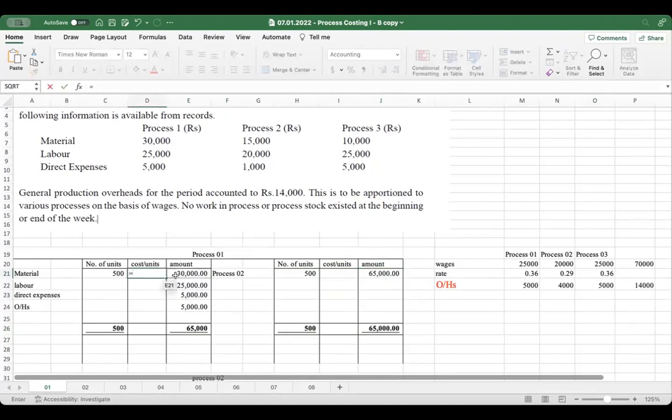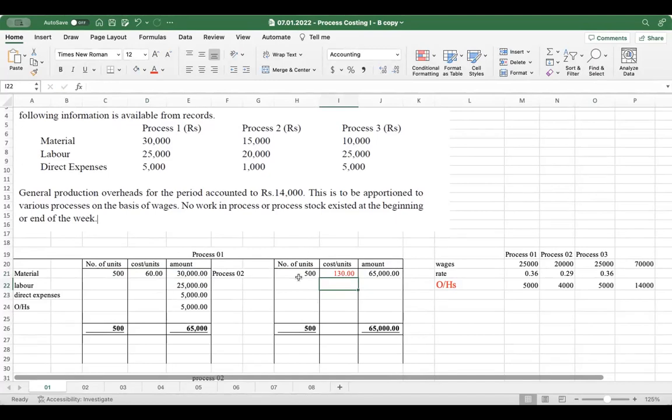Now let's calculate per unit costs. How do you calculate? If total material cost is 30,000, we have to divide it by the number of units, right? Now here also let's calculate per unit cost. If total value is 65,000 and the number of units are 500, per unit cost will be 130.